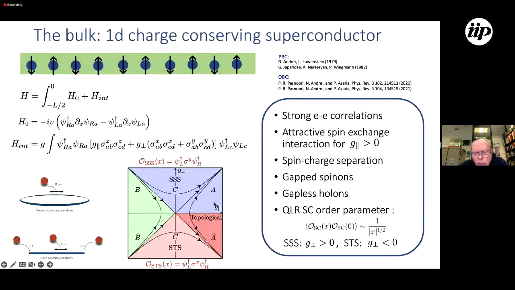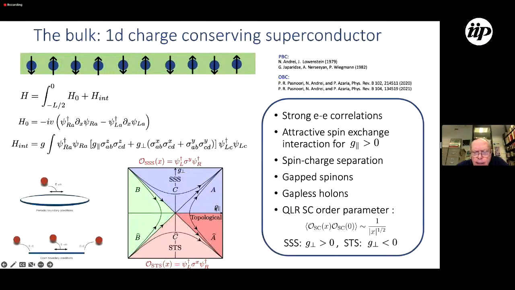And there is a phase transition as we change G perp from positive to negative. In this region, the model is a spin singlet superconductor, namely the expectation value of the operator psi dagger L sigma y psi L is the slowest falling, while in this regime here, it is the spin triplet superconductor, and the correlation function with sigma x is the slowest falling.